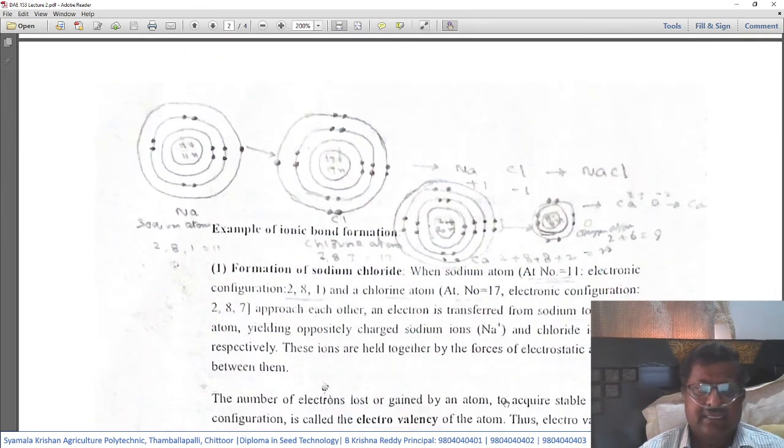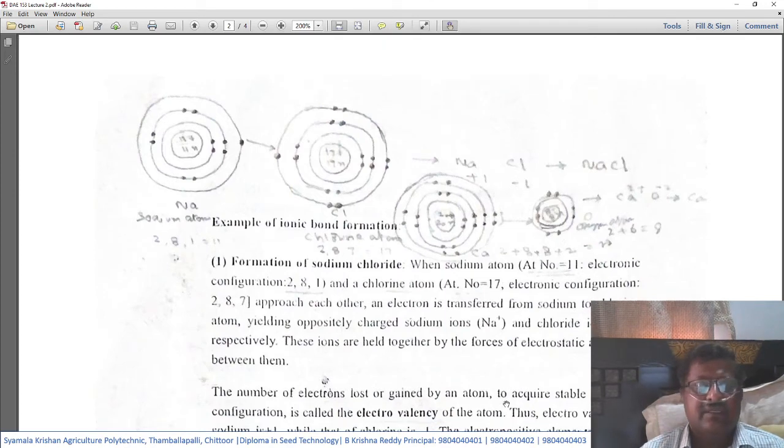Now let us see with examples the ionic bond formation. How the ionic bonds are being formed, we will see with the examples. Number one, formation of sodium chloride. The sodium atom's atomic number is 11.